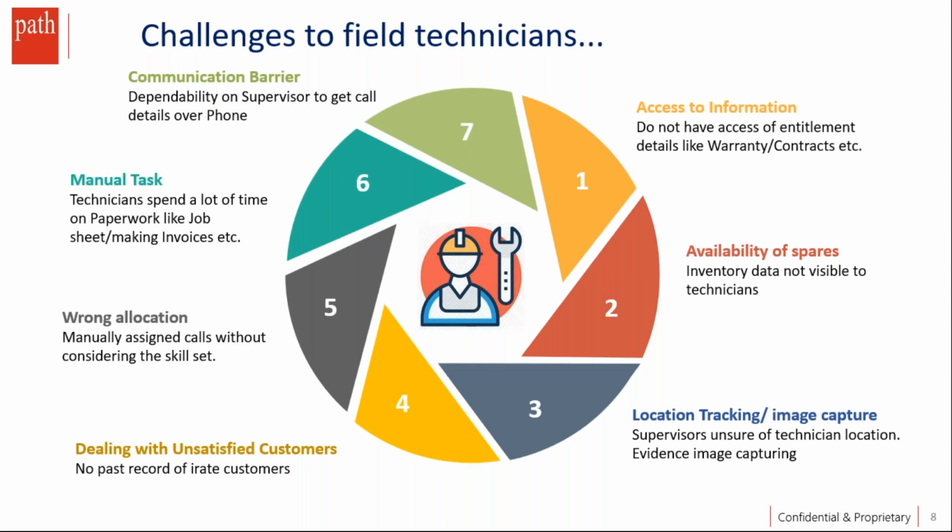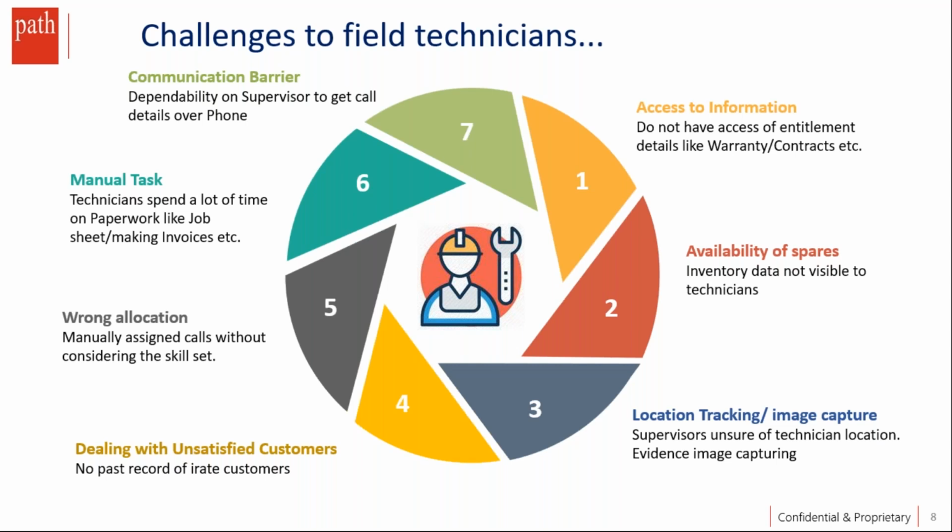Again, the availability of spares and the inventory data is not very transparent. You need to call up the service center or the warehouse or the stock location about any spare required on a call, followed by location tracking and image capturing. Supervisors are sometimes very unsure of their technician's location because technicians are more into field operations, so there is a component of distrust sometimes.